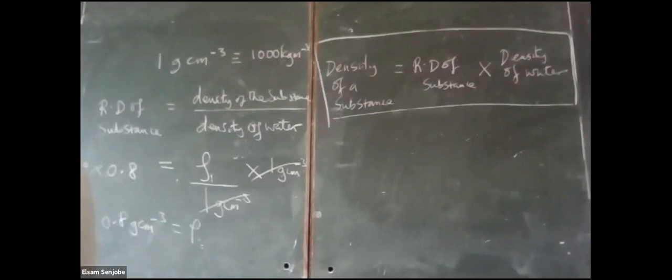We want to wind up, but we pray that you can read. I don't know whether Mr. Chako has something to say. Yes, thank you so much, team over there, for that good work. I wanted to add, for emphasis, that as you said, relative density has no units.